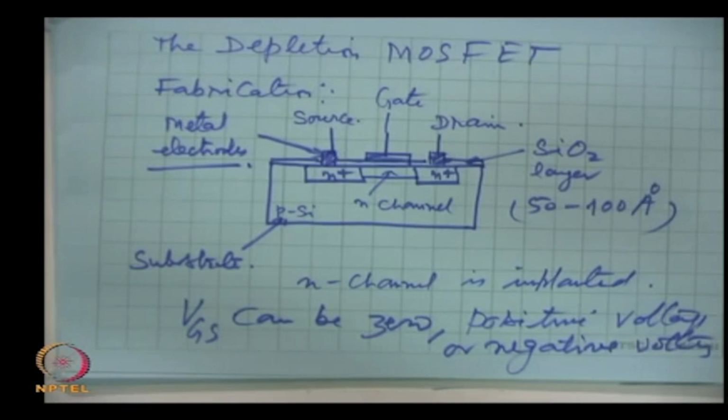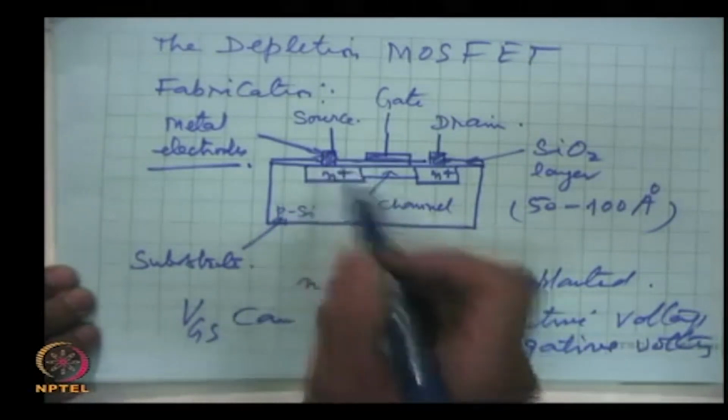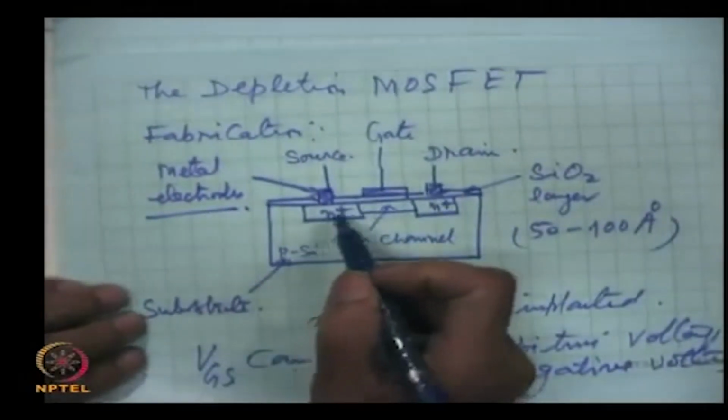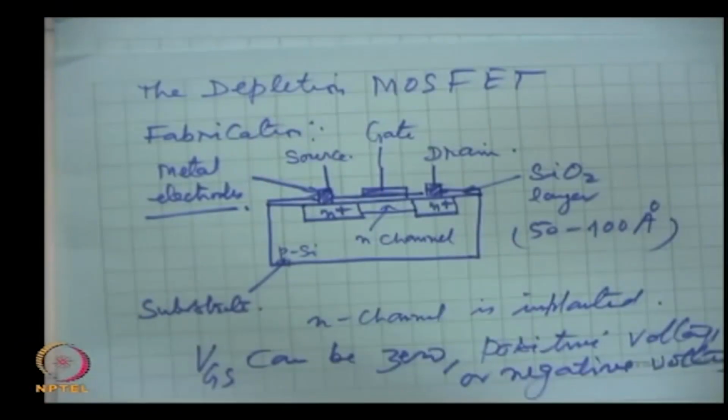Now let me redraw this figure and show you how the charges induced through this dielectric layer will change the conductance of the channel and hence control the current. I will make a bigger figure.